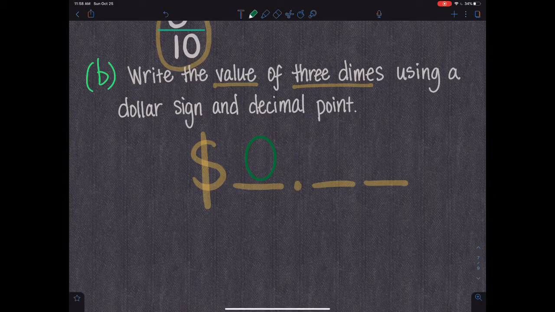So you've got a 0 there in the dollars place. This is actually the dimes place, the tenths. So I'm going to put a 3 right there because we're talking about 3 dimes. This is actually the pennies place. And since there's no pennies, we're just talking about dimes, I'm going to put a 0 there. So that's how I would write it, with a dollar sign and a decimal point.